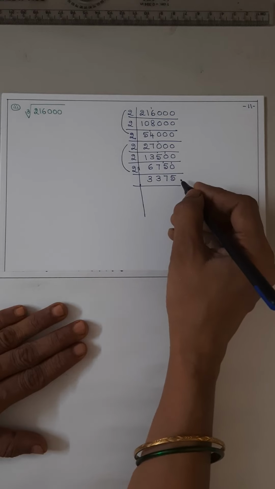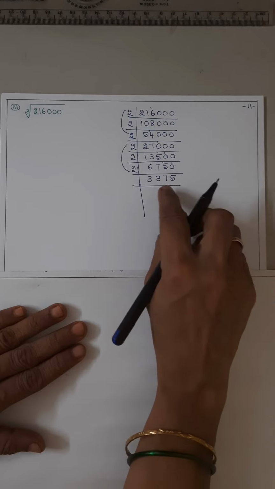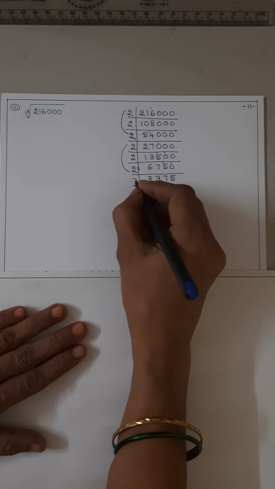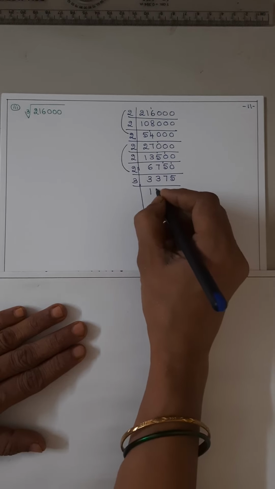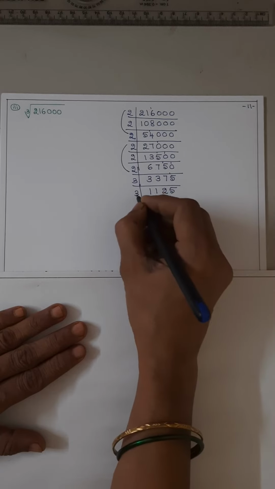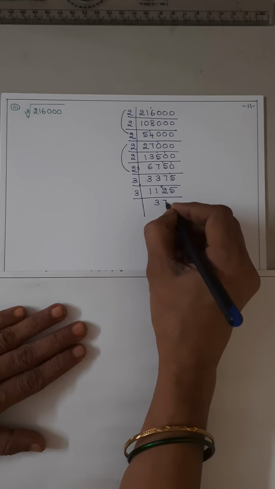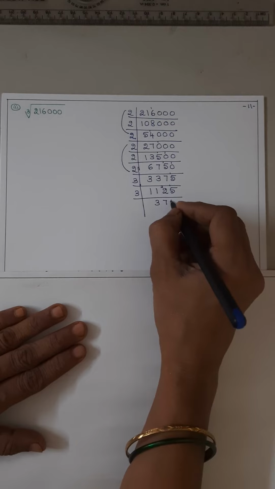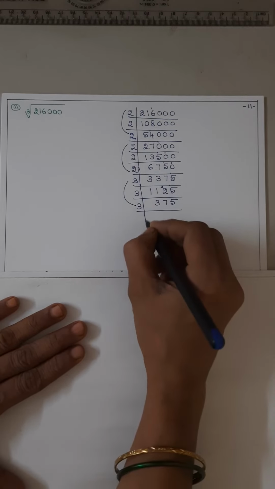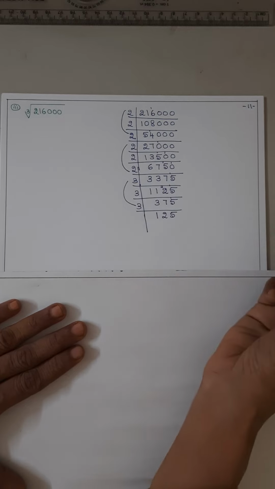Now ending with 5, not possible with 2, try with 3. So 3 plus 7, 10, 15, 18. So 3 1s are 3, 3 1s are 3, 3 2s are 6, 1 remains, 3 5s are 15. 3 3s are 9, 2 remains, 3 7s are 21, 1 remains, 3 5s are 15. 3 1s are 3, 3 2s are 6, 1 remains, 3 5s are 15.